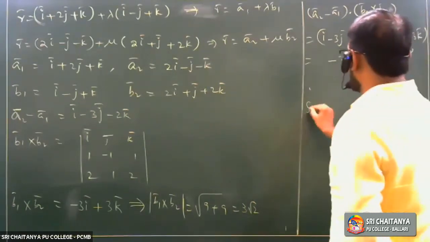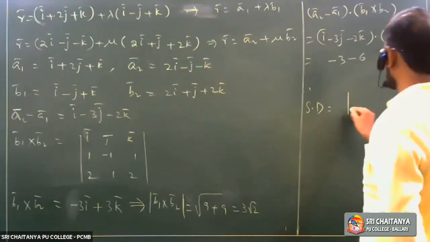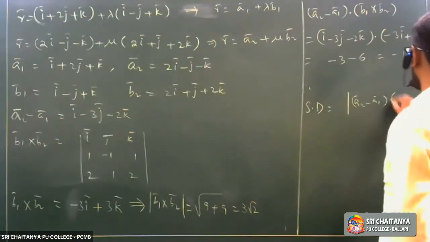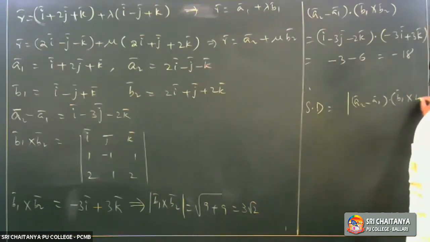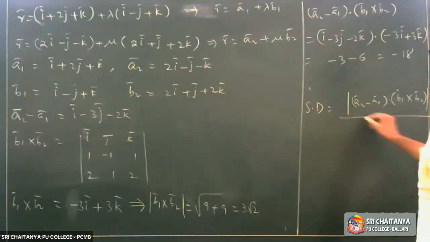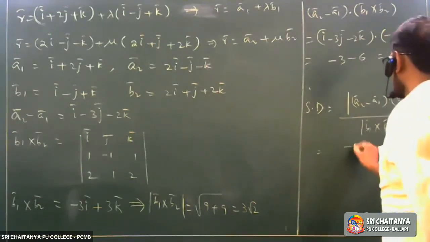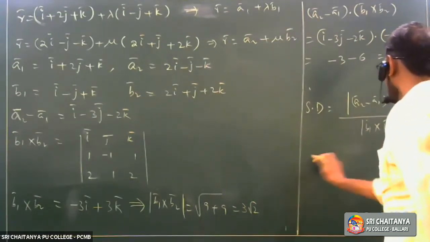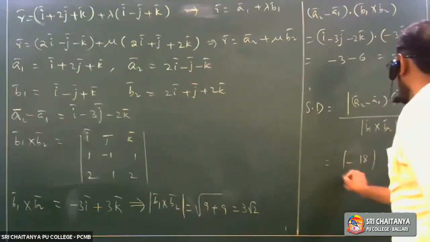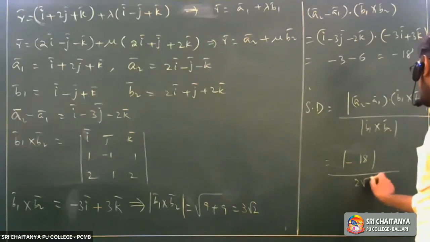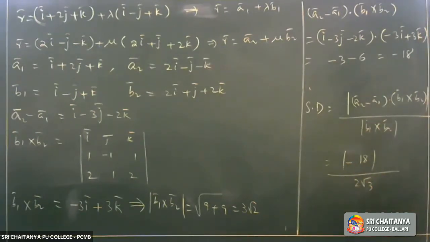Therefore, shortest distance is equal to the magnitude of A2 bar minus A1 bar dot B1 cross B2 upon mod B1 cross B2, which is equal to minus 18 under mod by 3 root 2.